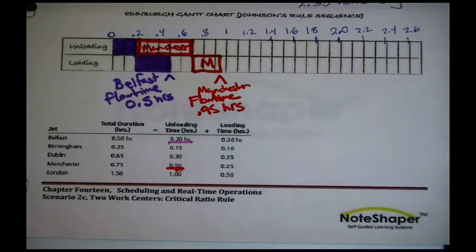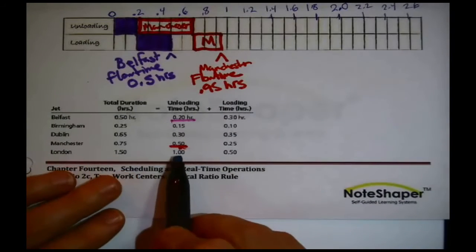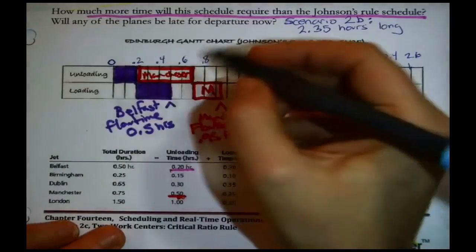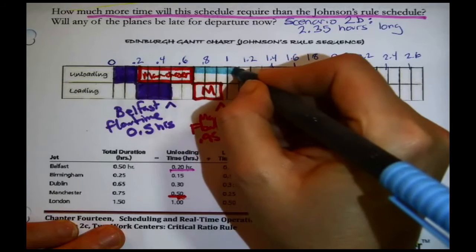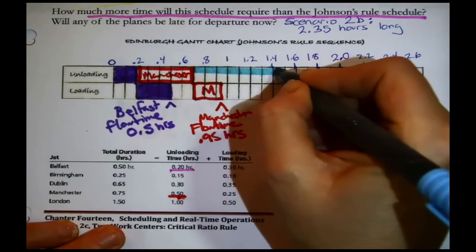Okay, then who's next? Well, that would be London. Okay, London is a big job. London is a full hour of unloading. Okay, after they're done with Manchester, 1, 2, 3, 4, 5, 6, 7, 8, 9, 10.